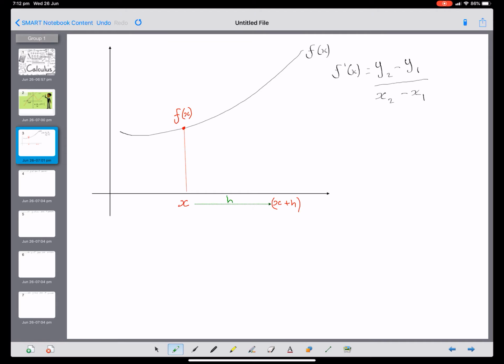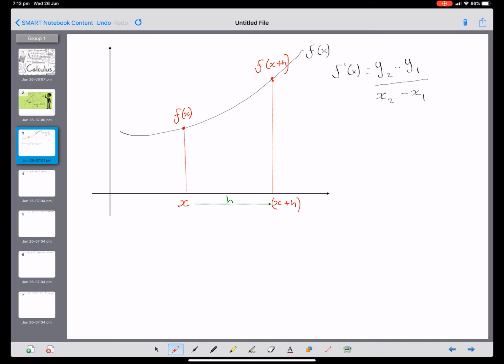Okay, h. So let's go up to our function f of x. Let's go in red. And that cuts the graph at f of x plus h.